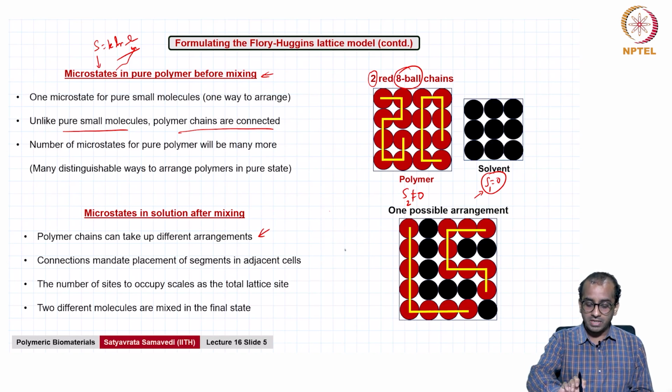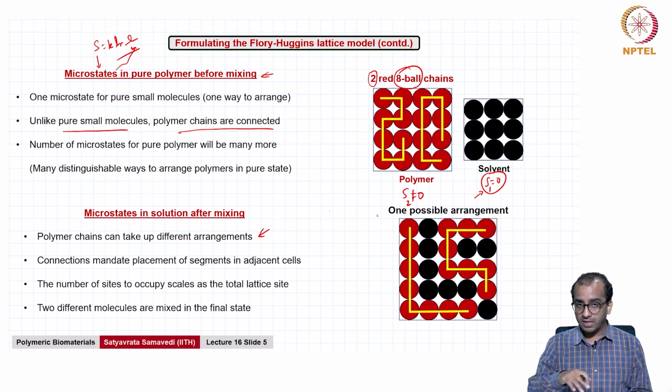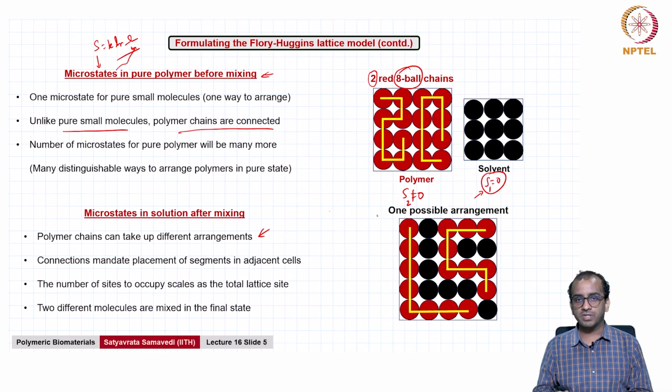And what you will also see is that even in this arrangement, I can have many different configurations, because at every step I have choices, and based on probabilities I can determine how many such arrangements are possible if I have n2 number of chains each with m mers. That is a simple calculation that you can do.